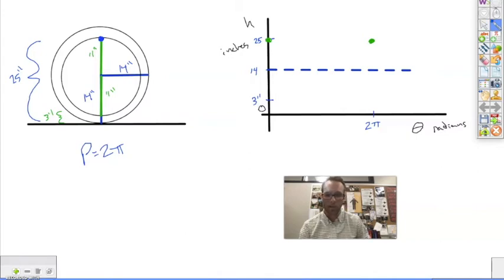Well, that would happen halfway through the period at pi radians. Okay. Where is it going to be at the midline? At pi over 2 radians. Okay. And then again at 3 pi over 2 radians.